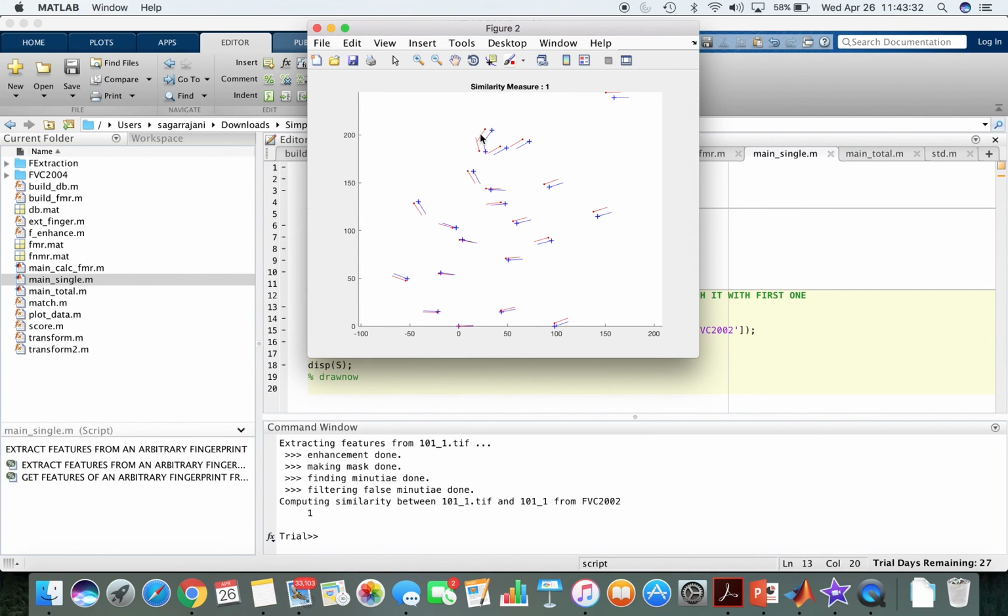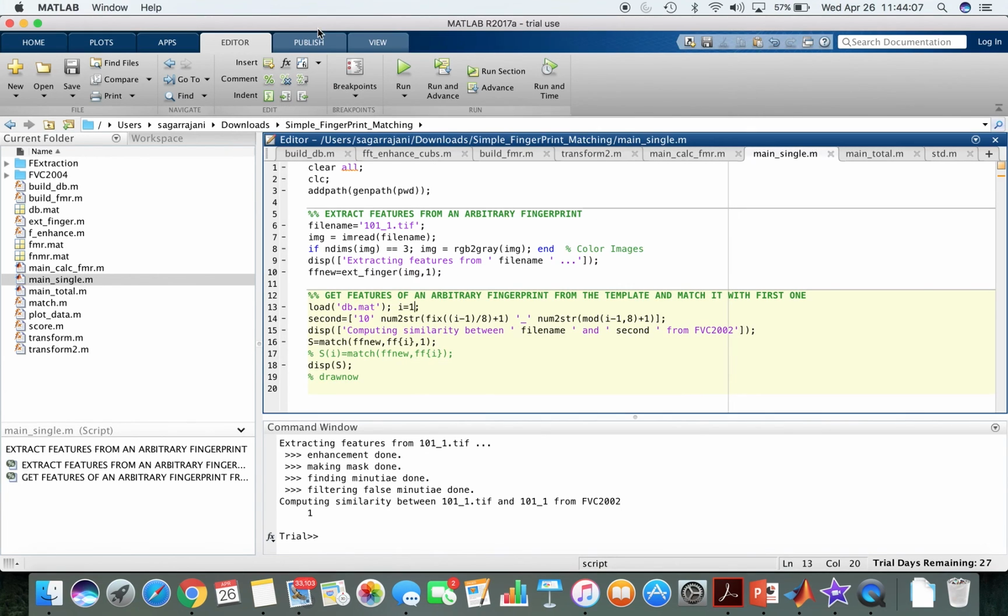As you can see, the red ones are the minutiae features of the original image, and the blue ones are the minutiae features of the fingerprint that we matched. The first thing we do in minutiae matching is align the images so that they look the same, and then we compare. If the minutiae features are the same and the similarity score is greater than 0.48, the images belong to the same person.